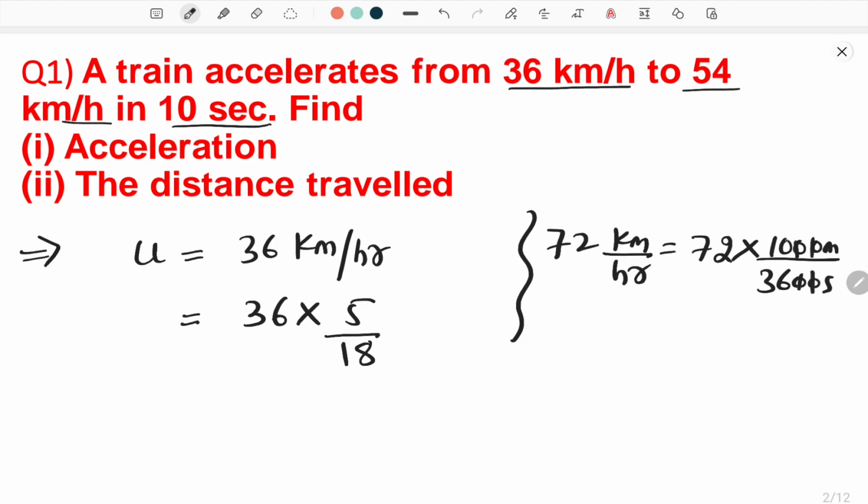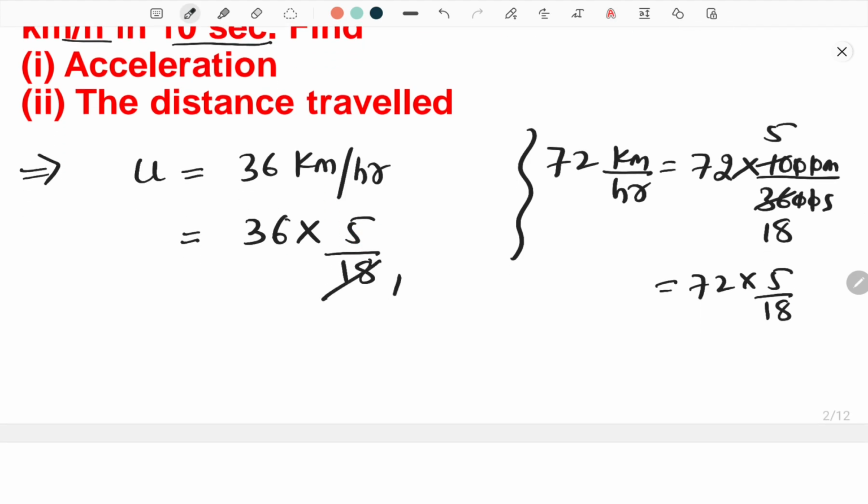The zeros get cancelled. 2 fives are 10, 2 eighteens are 36. Look at this, 72 into 5 by 18. So whenever you are converting kilometer per hour into meter per second, it has to be multiplied with 5 by 18. 18 ones are 18, 18 fours are 72, 4 into 5 is 20. So that is like 20 meter per second.